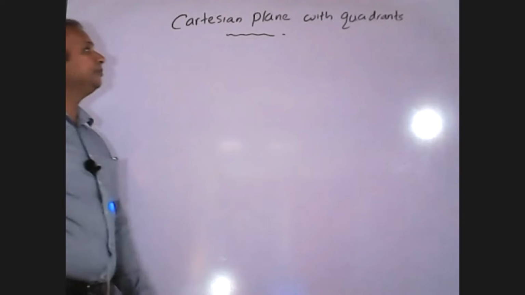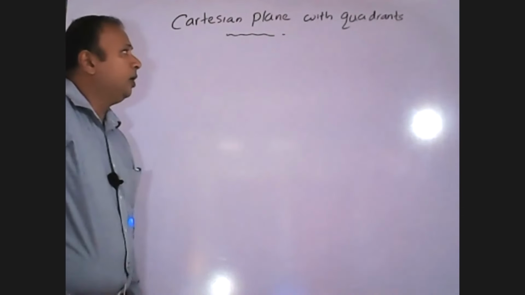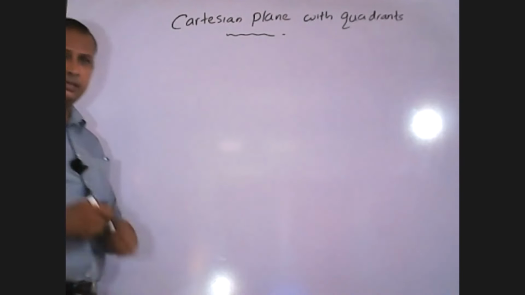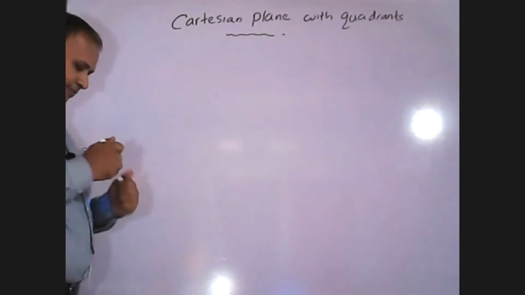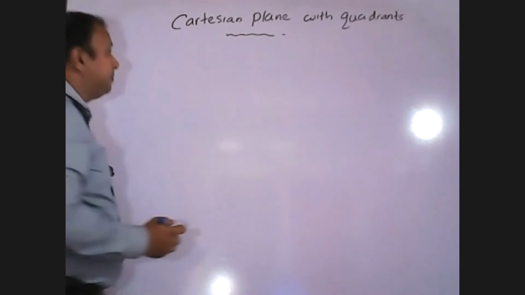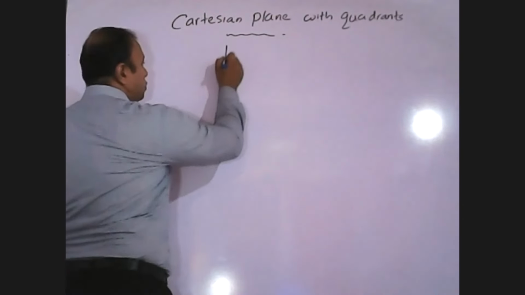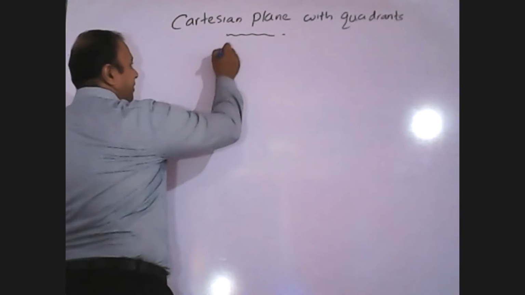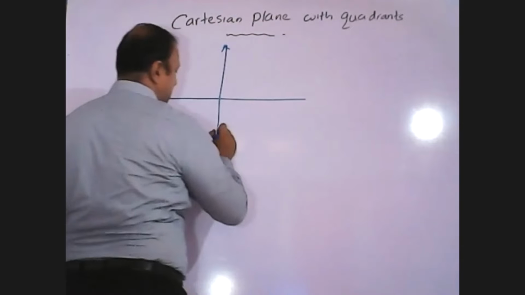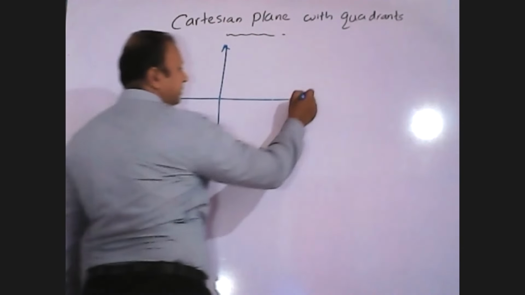Cartesian plane with quadrants. That means you know about the Cartesian plane. According to your syllabus, you should learn about the Cartesian plane and Cartesian coordinates.